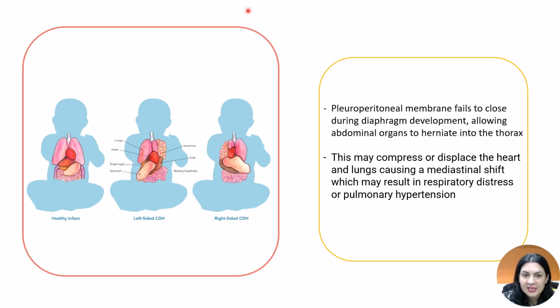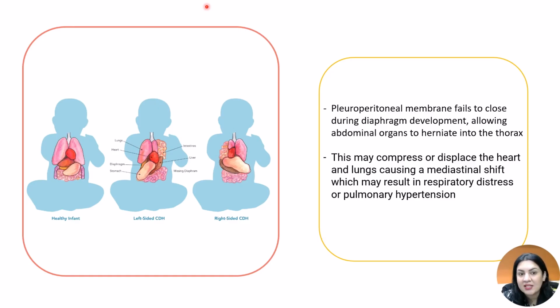right side, all those abdominal organs are able to go up and herniate into the thoracic cavity through the area where that hernia exists. This, of course, ends up encroaching on the space that the lungs and the heart need. It compresses them to a side, or displaces them. And because these structures are in the region of the mediastinum, this displacement or compression of the lungs and the heart is known as a mediastinal shift, and this can lead to a few issues, right? So, for example, if the lungs are displaced, it could again lead to respiratory distress.